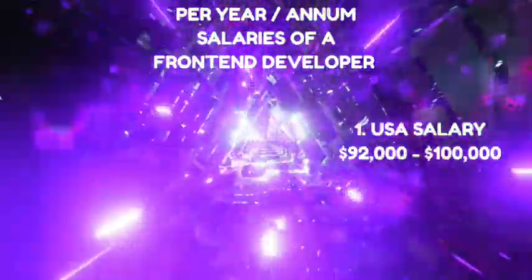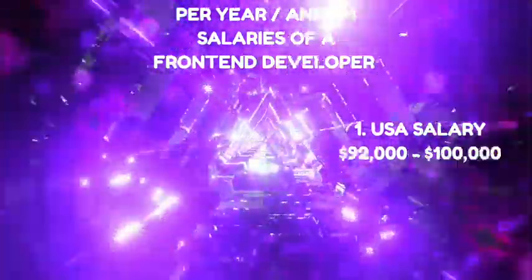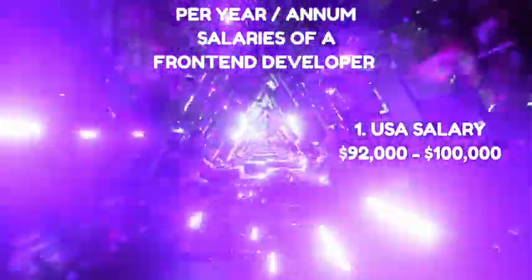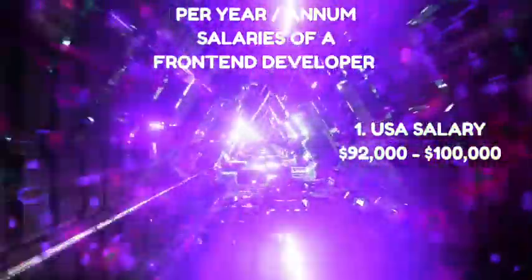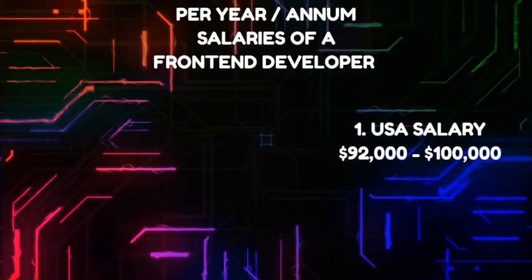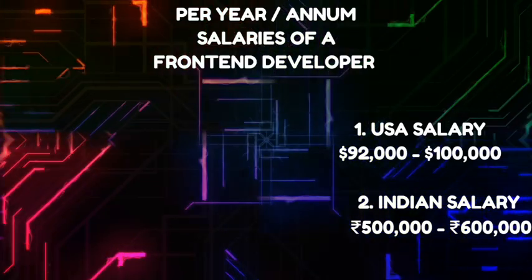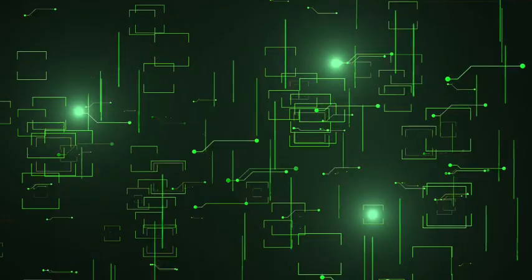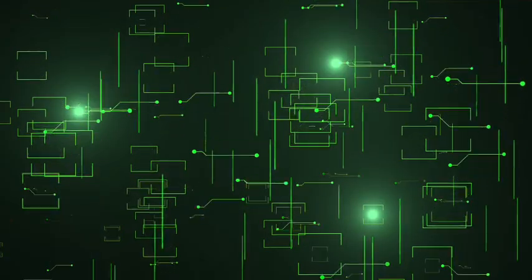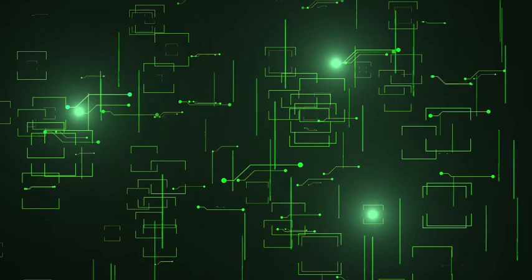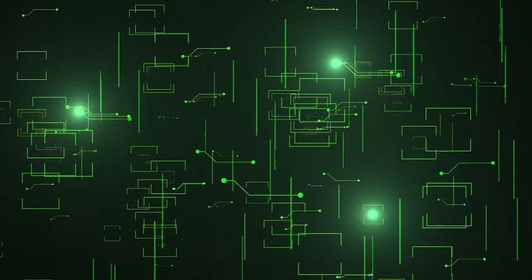Now their average salary is 92,000 to 1 lakh dollars in the US, and it can be 5 lakhs to 6 lakhs rupees in India. So they are also a good job, but when you mix or combine them, it becomes a full stack developer.